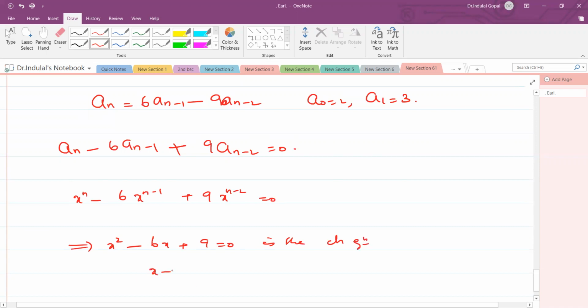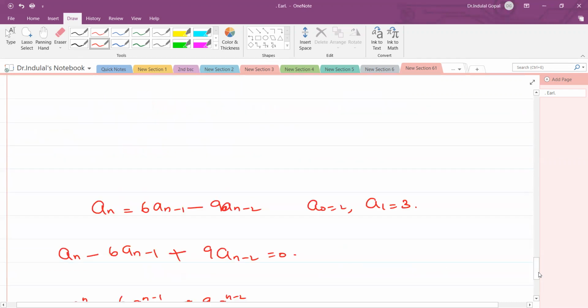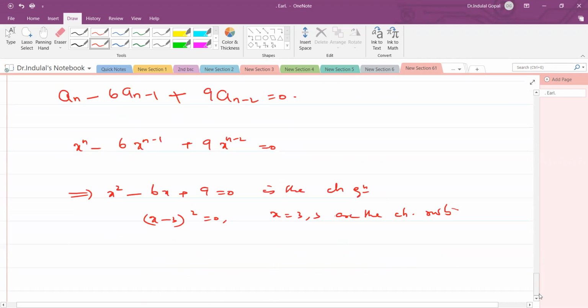That is (x minus 3) the whole square equal to 0. Therefore, x is equal to 3, 3 are the characteristic roots. They are not distinct, but one root with multiplicity 2.